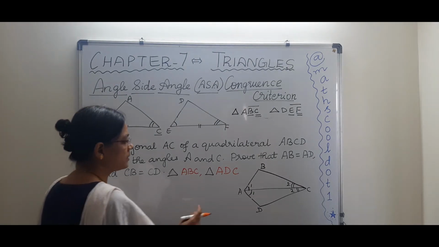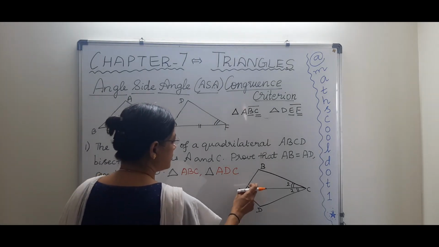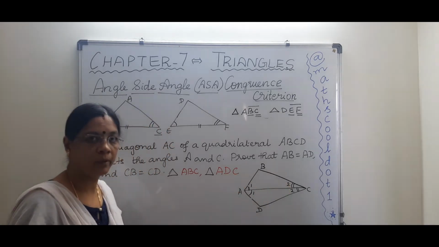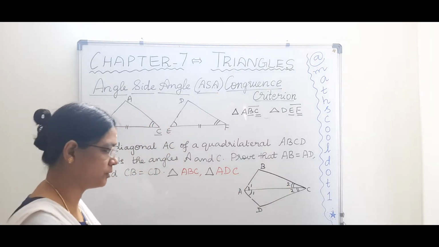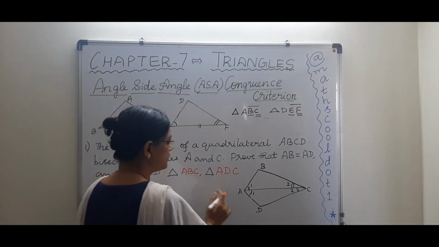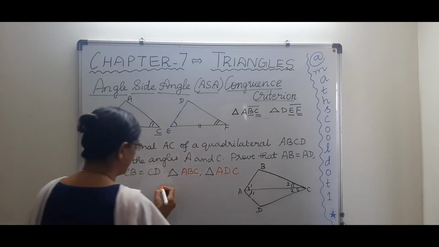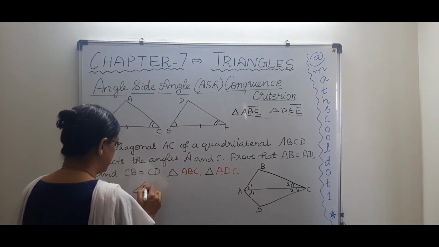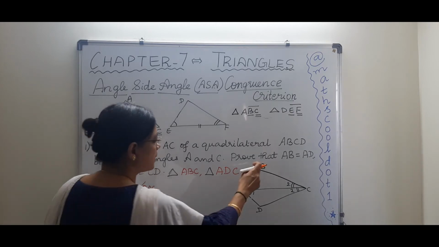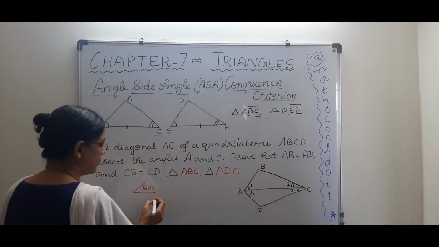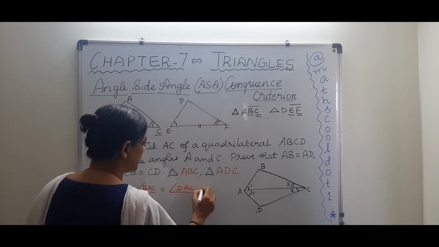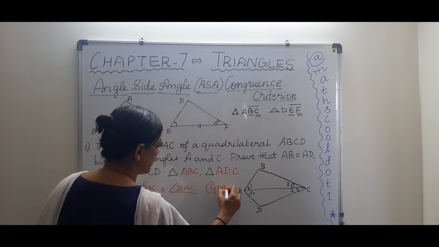Now we have the angles. The two angles here are equal and these two angles are also equal because the diagonal bisects the angles. Now what is given, we need to write it first. So in these triangles, we see angle BAC is equal to angle DAC. It is given. Why? Because the diagonal bisects.